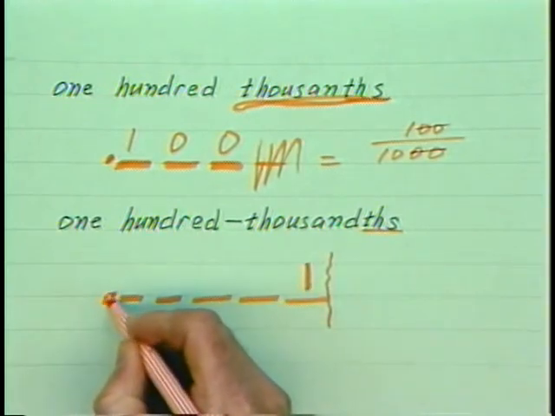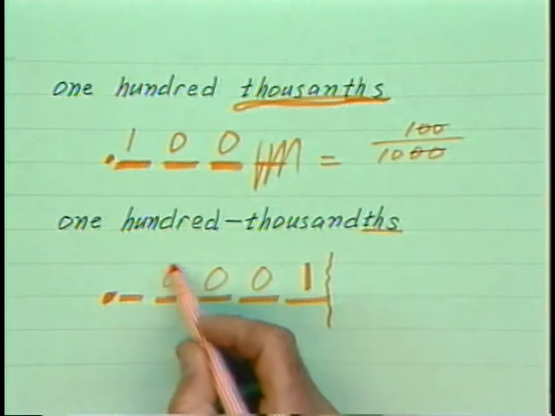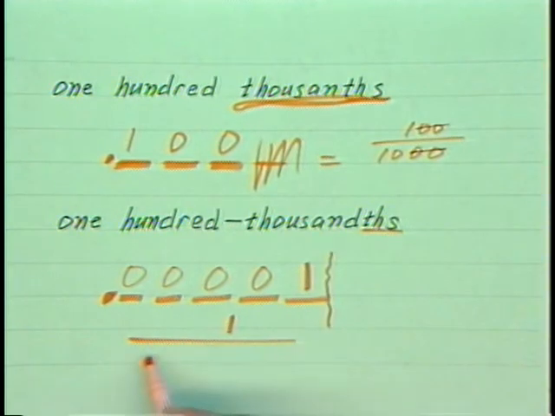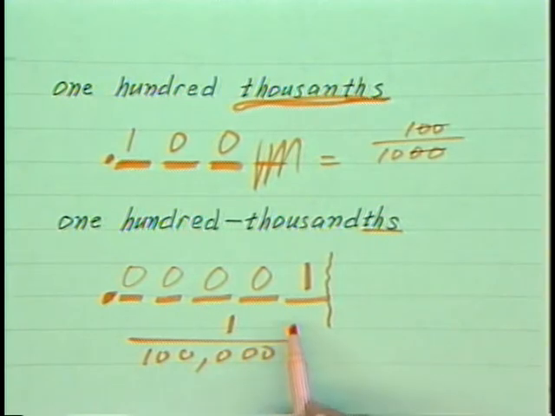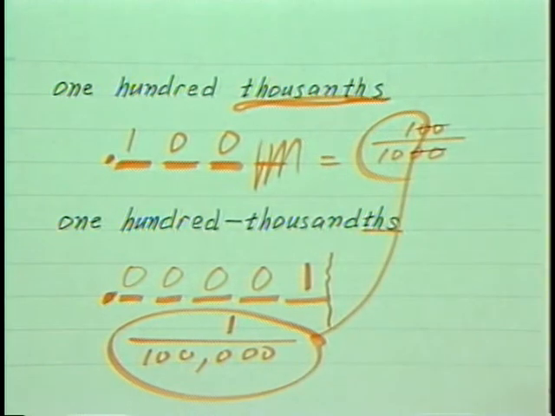And of course, in this case, I would have to backfill in placeholder zeros to remind myself this is down here and not somewhere else. So here I have a 100,000ths, which of course won't reduce anymore, and we see that these are entirely different numbers.